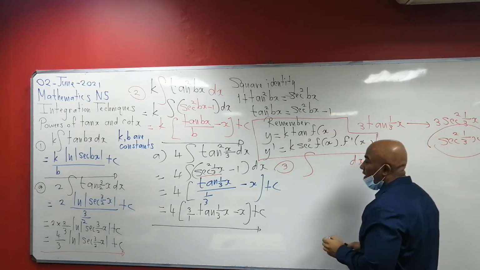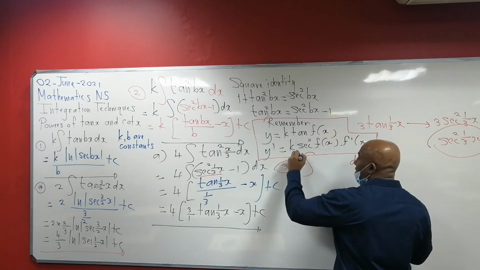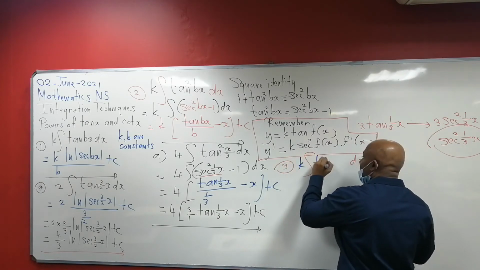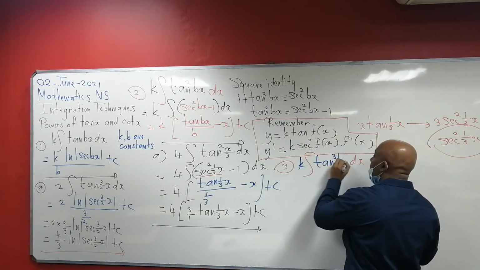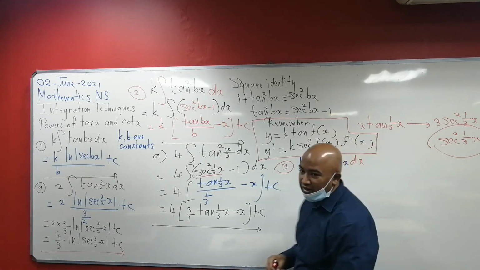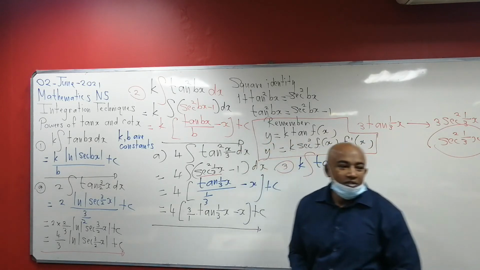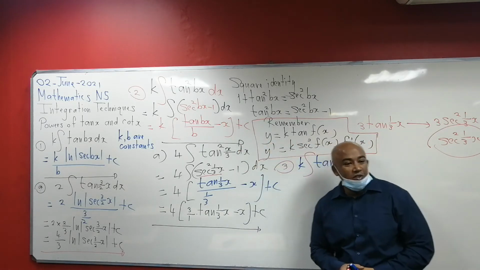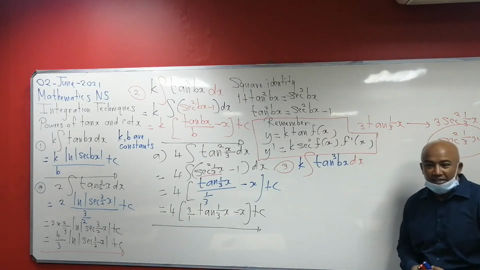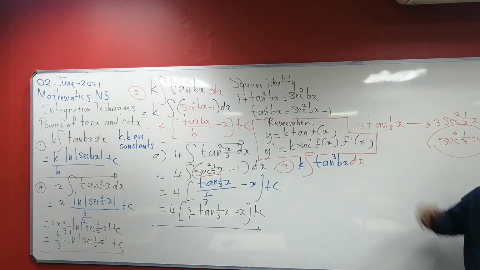tan to the power 3. So I got k there, tan to the power 3 of bx. So we got this odd power. What do you think we're going to do to the odd power? We got an odd number.